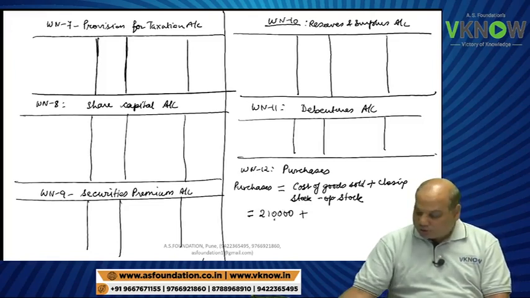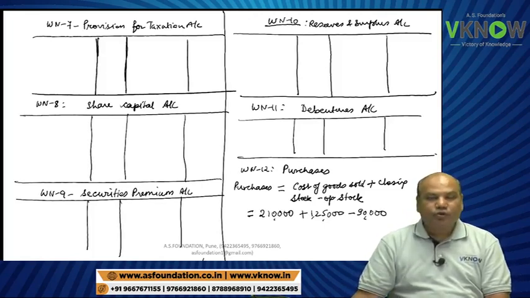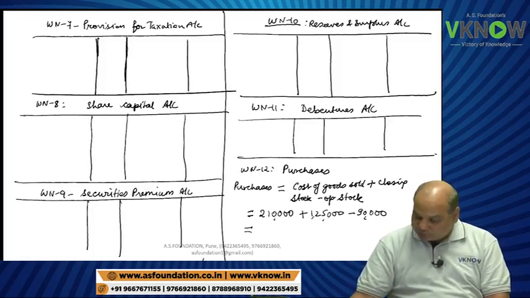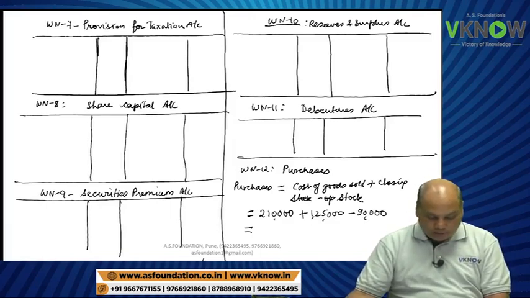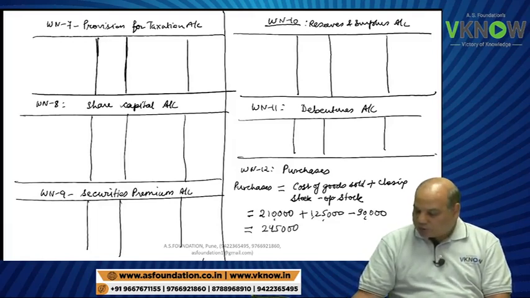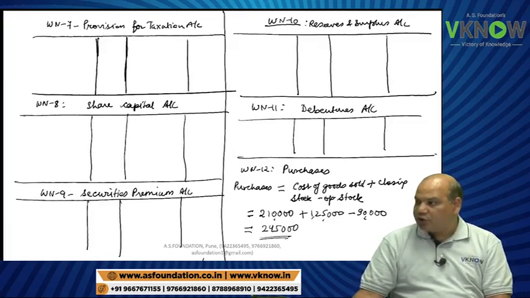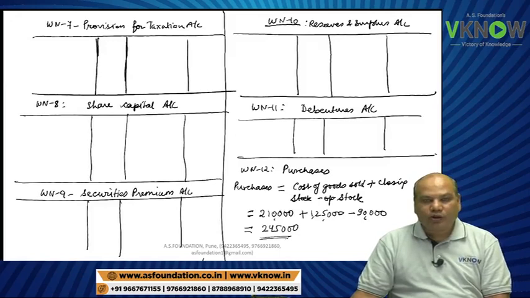Closing stock is 1,25,000 and opening stock is 90,000. Therefore this difference is how much? 2,45,000. 2,45,000 is purchases. So where will you write purchases?